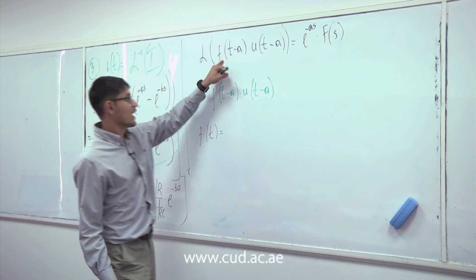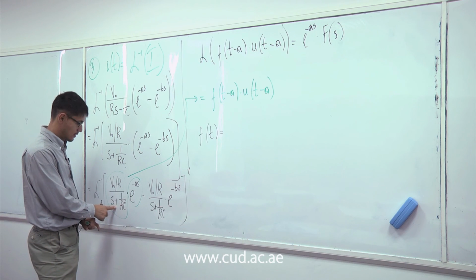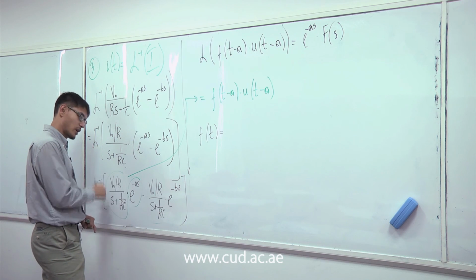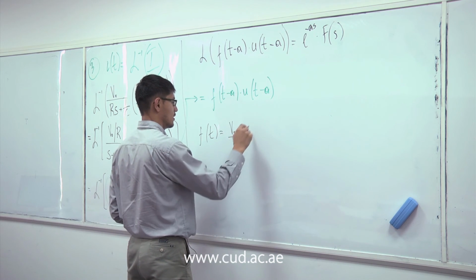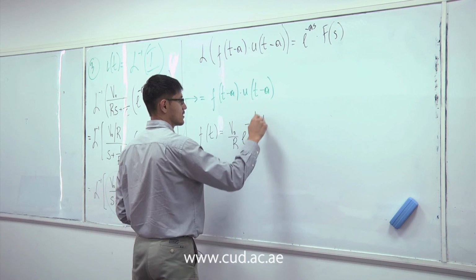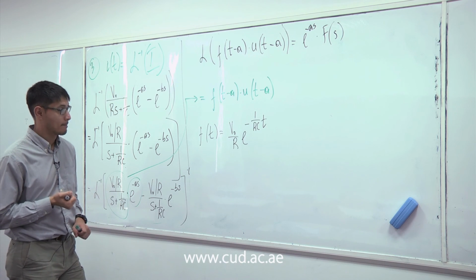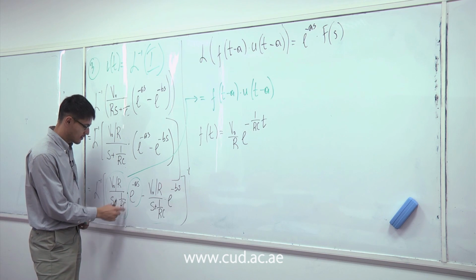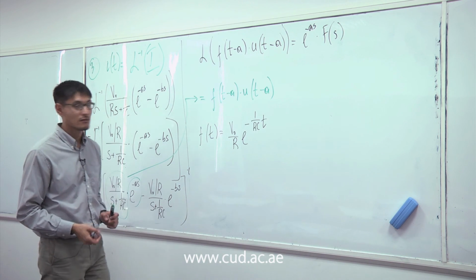Well, little f will come from big F. In our example, this is our big F. And if you think about it for a second, you see that the inverse transform of this expression is v naught divided by r e to the minus 1 over rc t. Okay, because really rc is a constant, so think of it as s plus a constant. If you go back, look at the table, it will make sense.